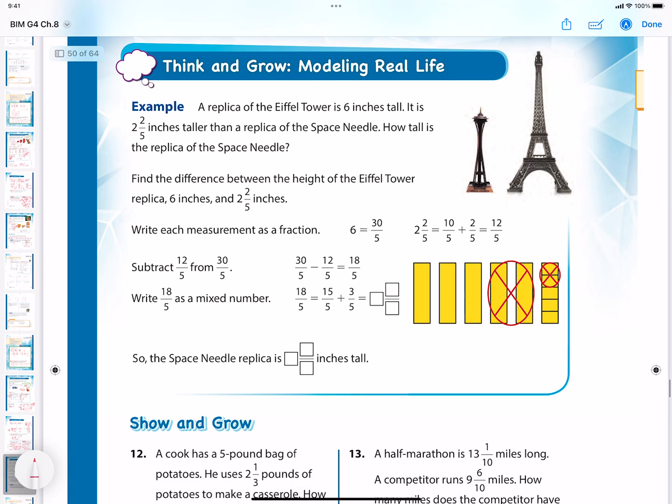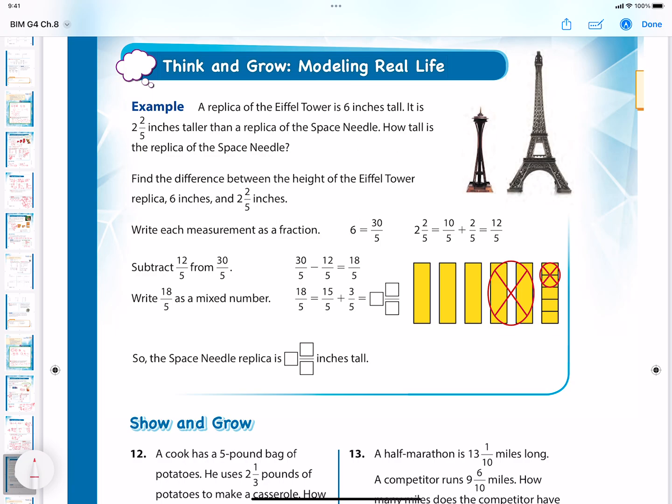Example. A replica of the Eiffel Tower is 6 inches tall. It is 2 and 2/5 inches taller than a replica of the Space Needle. How tall is the replica of the Space Needle? Find the difference between the height of the Eiffel Tower replica, 6 inches, and 2 and 2/5 inches.